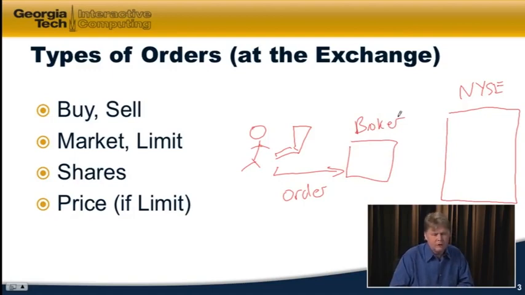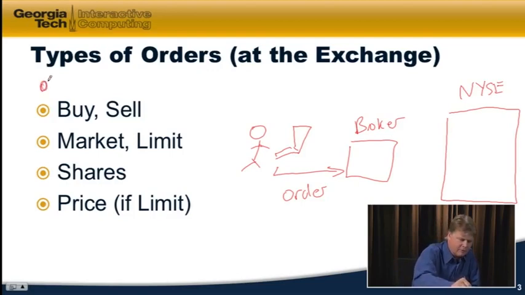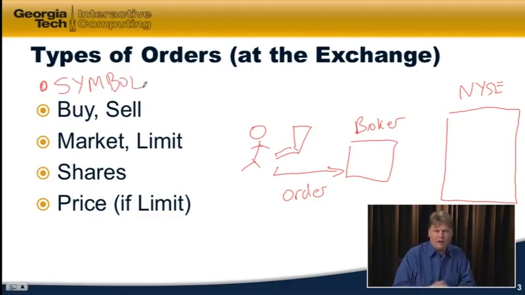And to make an order, you need to specify 5 things. First of all, what's the symbol or the name of the equity that you want to trade? You need to specify whether you want to buy it or sell it. That's obvious.